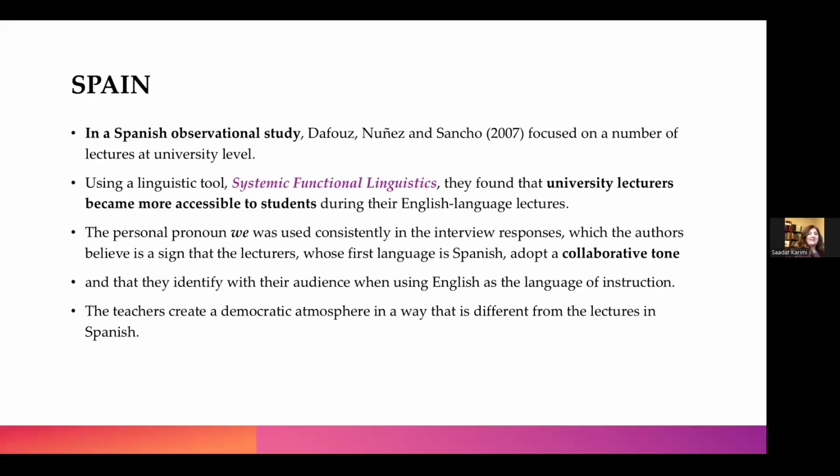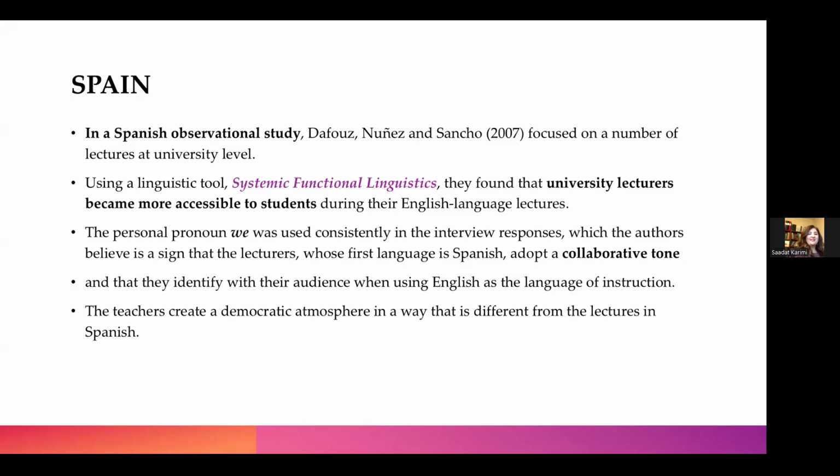In a Spanish observational study, the authors focused on a number of lecturers at university level. Using a linguistic tool, systemic functional linguistics, they found, among other things, that university lecturers became more accessible to students during their English language lectures.